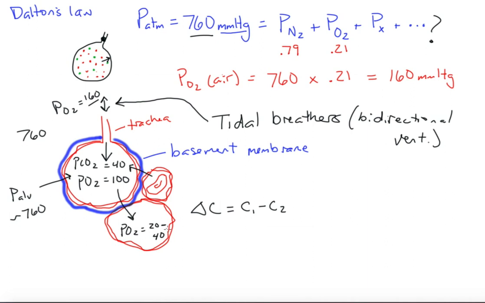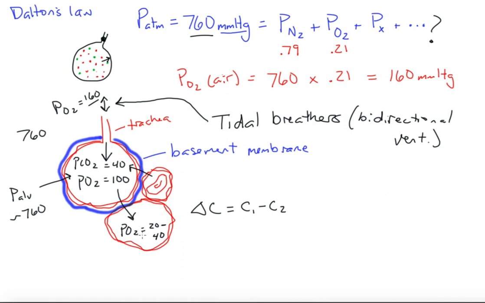Why is it less? Where did this pulmonary blood just come from? Well, it just came from the heart, right? The right heart pumped the blood to the pulmonary circuit. Where did it come from before that? It came from the body. In other words, where the blood was distributing, dropping off oxygen, right?